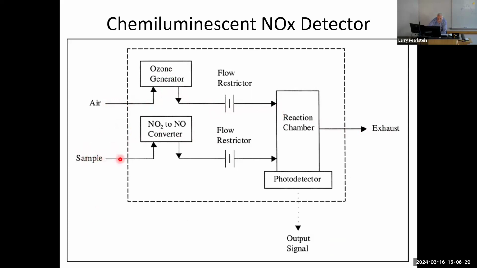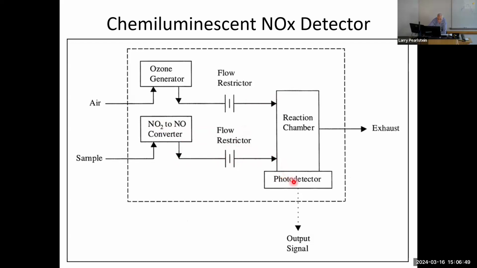Similarly, your air sample, which consists of NO2, converts to NO, and the NOx flows through a valve also into the reaction chamber. Now there's an excess of ozone, so that you don't run out of ozone, but you do use up all the NOx.